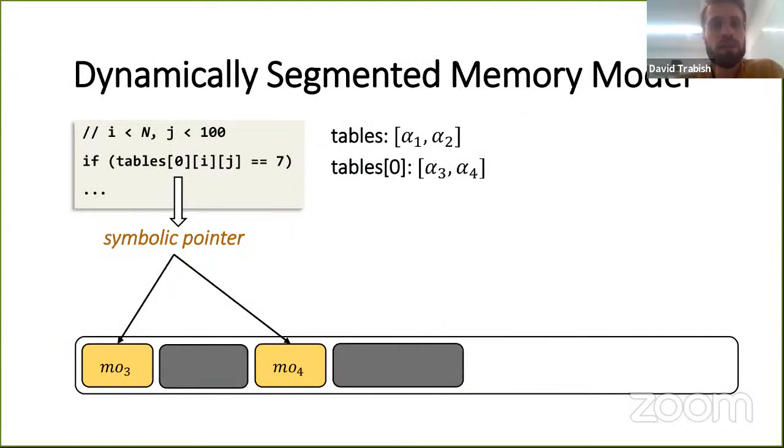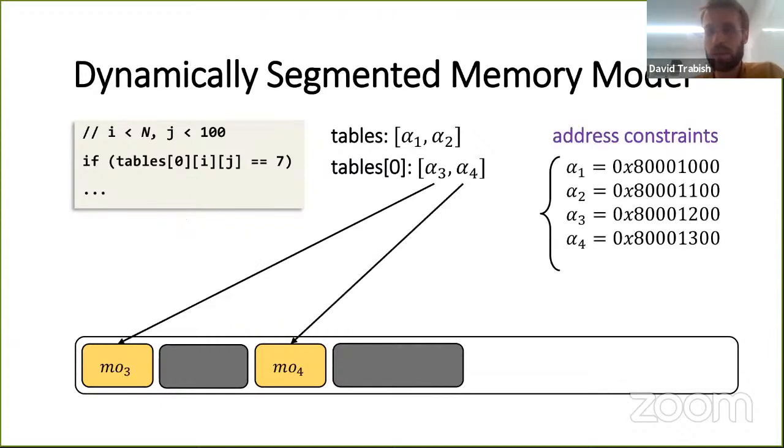Now let's see how we can use our new model to implement a dynamically segmented model, where these segments can be created on the fly instead of being computed ahead of time. Let's go back again to our symbolic pointer, which points to MO3 and MO4. Now we would like to put these two objects in a new segment. We start with some address constraints.